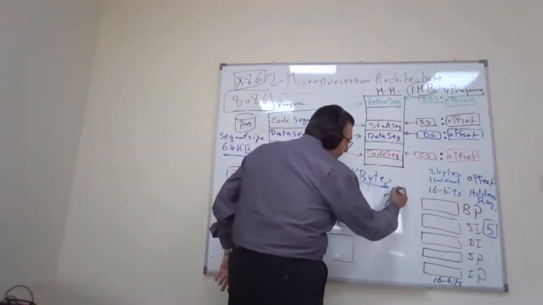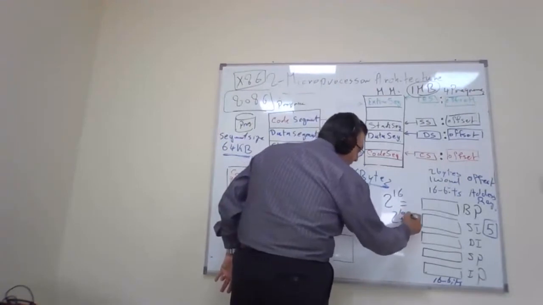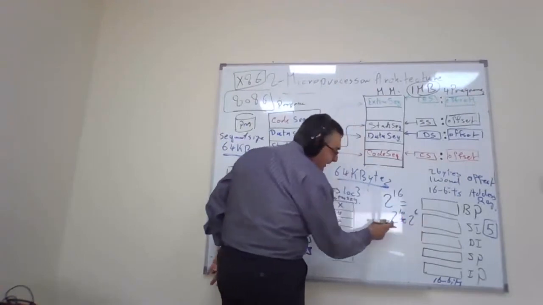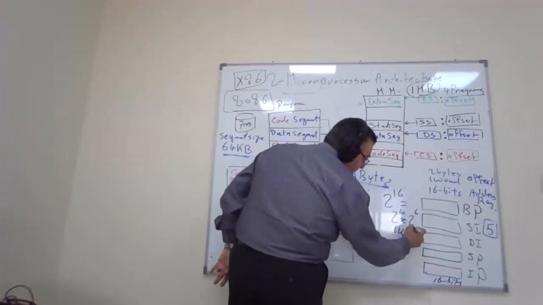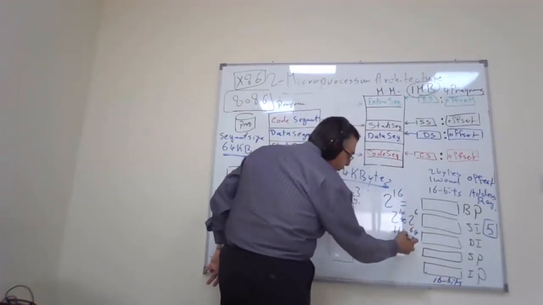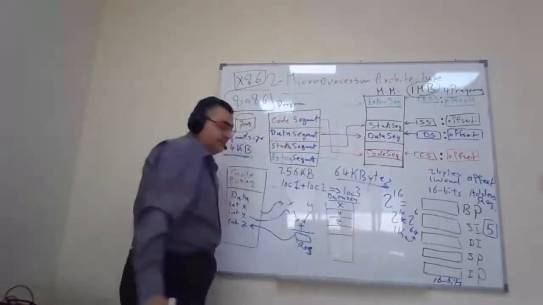Because 2 to the power 16 gives me 2 to the power 10 multiplied by 2 to the power 6. 2 to the power 10 is 1 kilo, and 2 to the power 6 is 64. 64 multiplied by 1 kilo gives me 64 kilobytes.